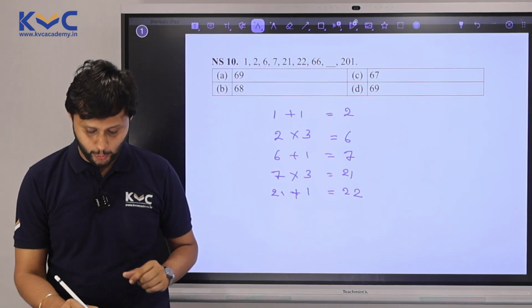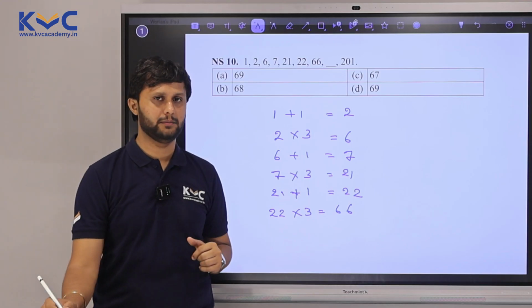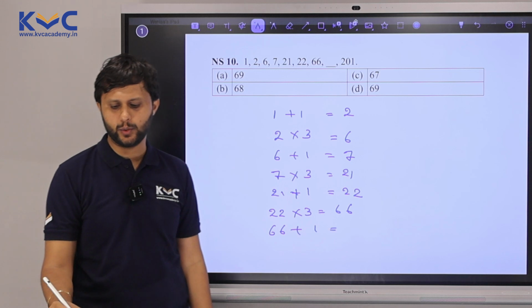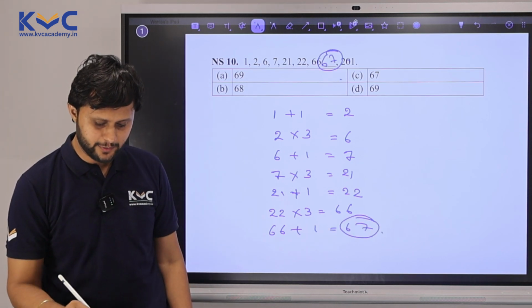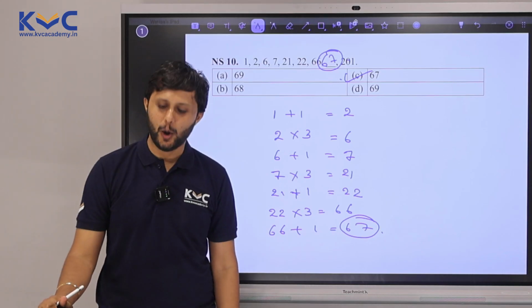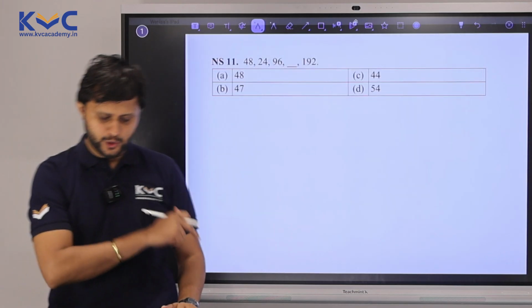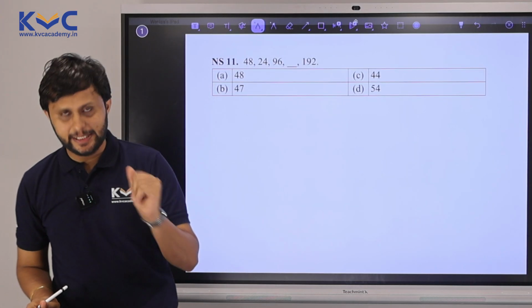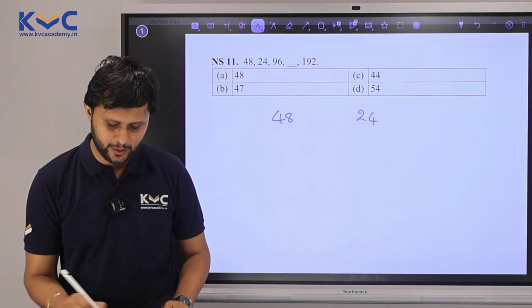Then we have 22 into 3, which is 66. And the very next number, 66 plus 1, is equal to 67. 67 is the number that I was looking for, which is there in option C. Perfect. We'll move on to the next question. Question number 11. 48, and then it comes down. 48, we need to come to 24.